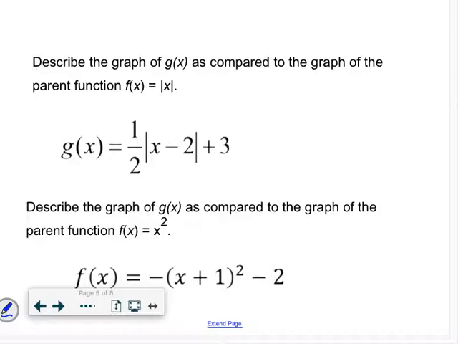Okay, let's come together. Avery, give me a transformation for the absolute value graph from its parent graph. Give me one of the transformations of this absolute value graph from its parent graph that you and your group talked about. 2.